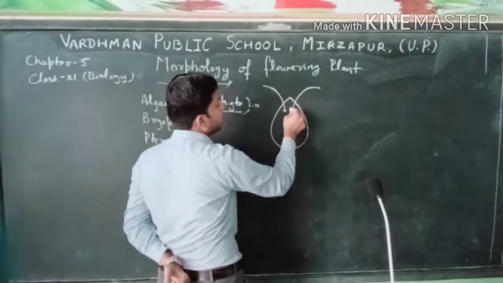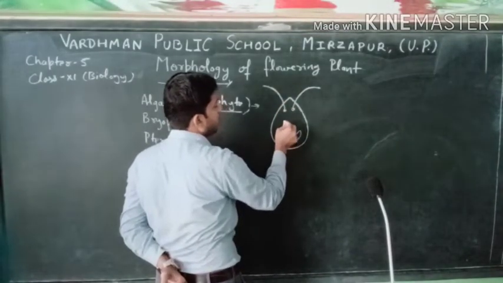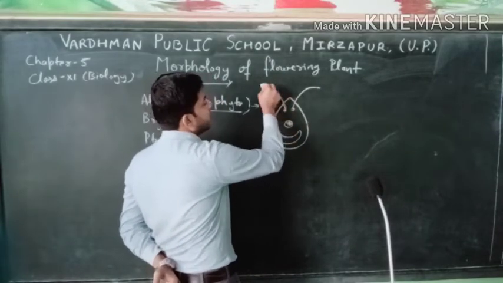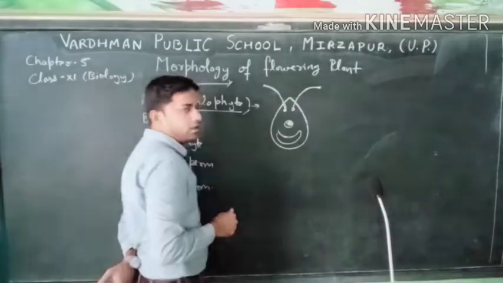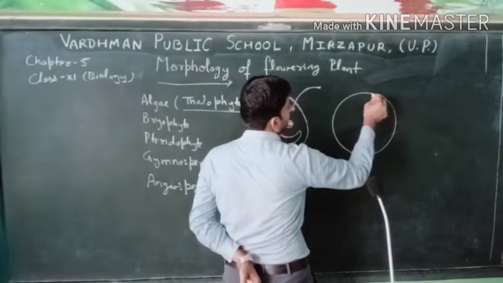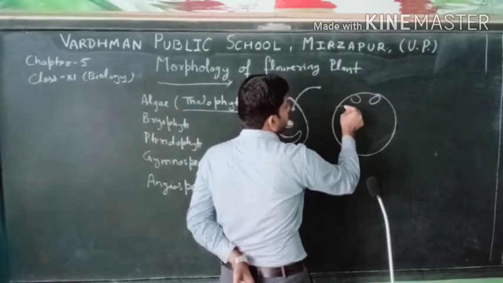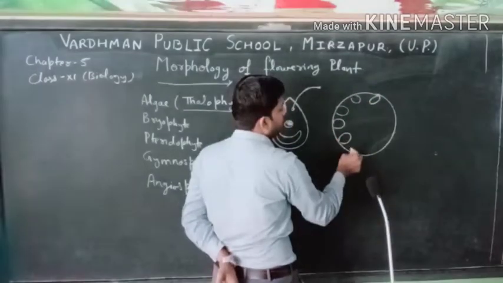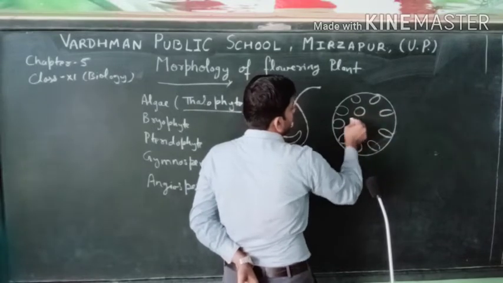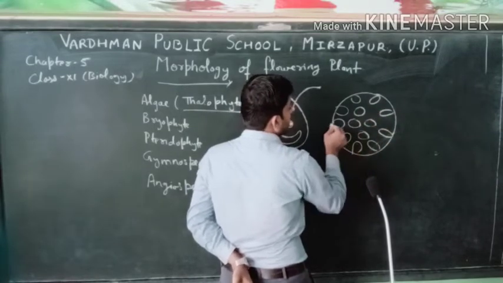Chlamydomonas is also known as joker cell. This is the nucleus, this is the flagella through which they move. Second example is Volvox. Volvox is present in colony form. A number of algae present in the same colony, and this structure is known as Volvox.